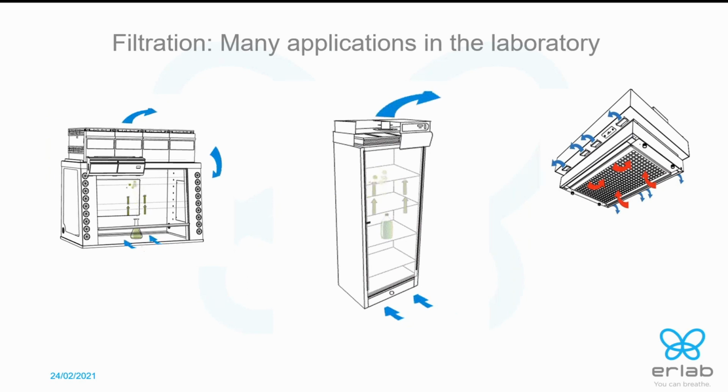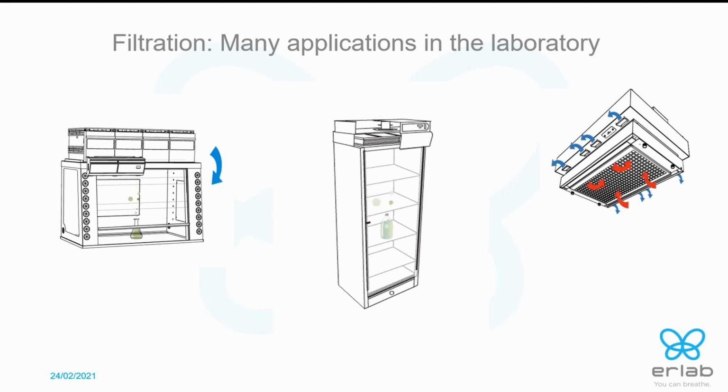Of course, for the chemical handling, which is, let's say, the most traditional usage of filtration, it's on fume hoods. By mounting the filtration column on the enclosure, we are able to directly treat the pollution from chemical handlings right at the source.